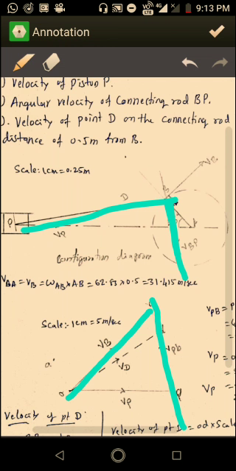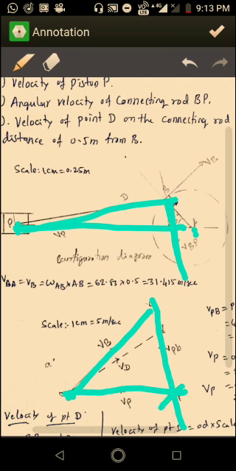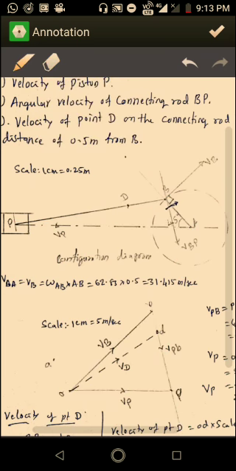So just draw it and leave it. Next is the velocity of P with respect to fixed point A, which is a horizontal line, since P is moving along this line. So draw a horizontal line from this point A that will intersect at a point P. This is called the velocity diagram.